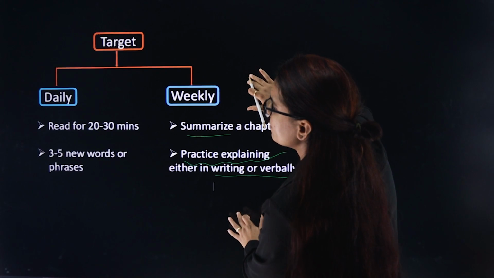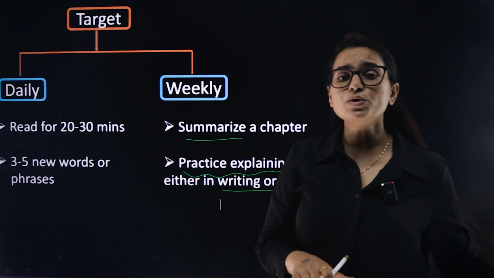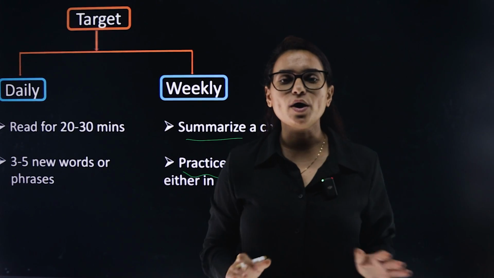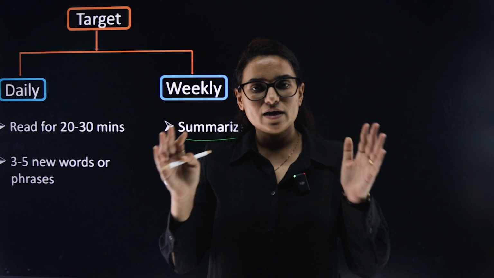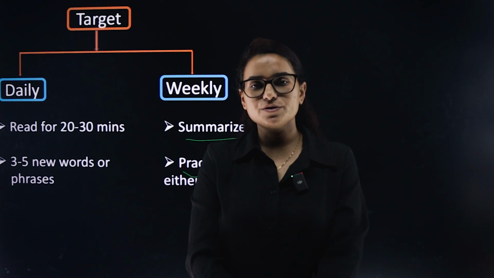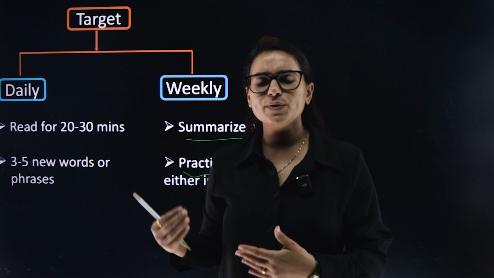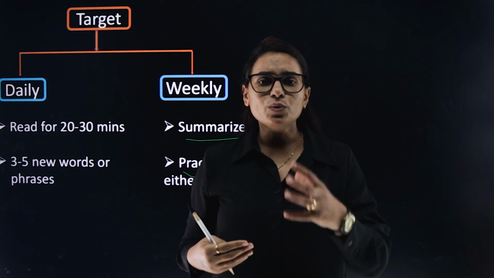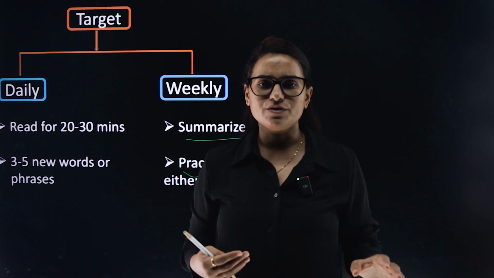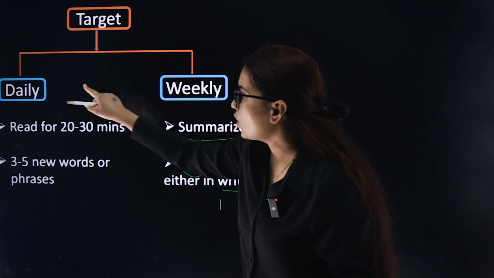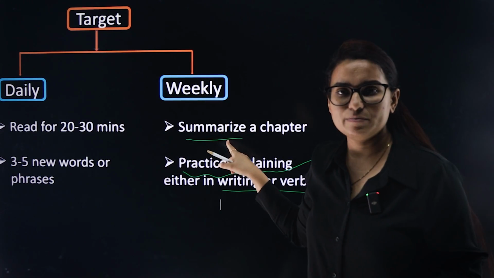Also, please remember this. Don't make targets which you cannot fulfill. Another mistake which a lot of learners do, and even I do sometimes, not maybe with the English language, but with something else. Don't set targets that you can never achieve. Set targets on a daily basis and weekly basis.